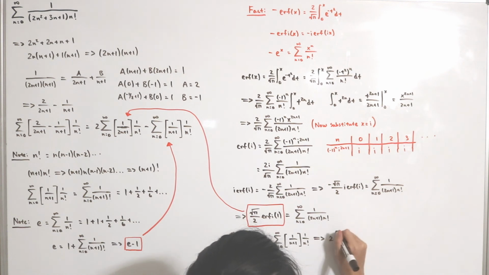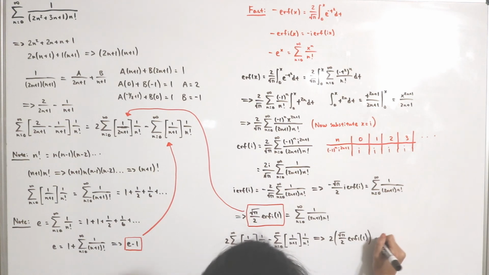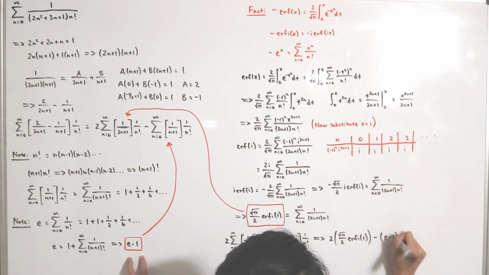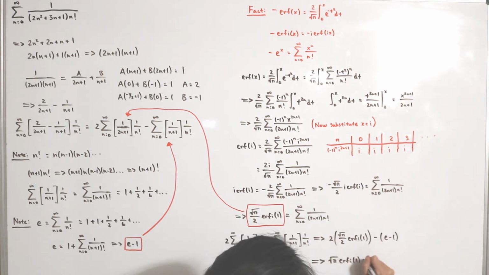This is 2 times the square root of pi divided by 2 times our imaginary error function at 1, and then minus e minus 1. Okay, and now simplify this out. We get that the final answer is just equal to the square root of pi multiplied by the imaginary error function at 1 minus e plus 1.